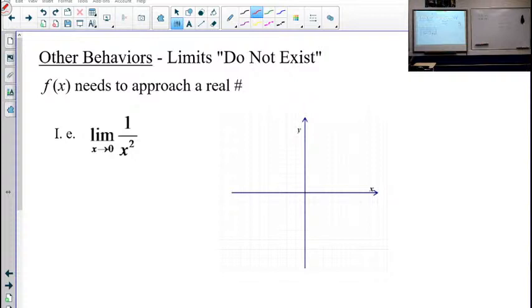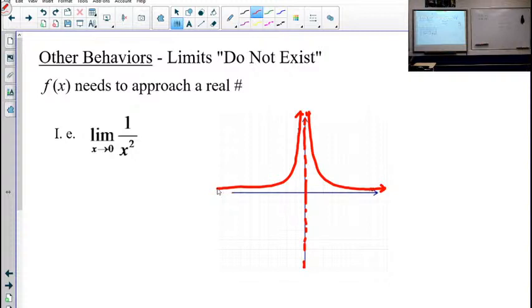So what this graph looks like, something like this. It's going to have some asymptotes, most notably, for our purposes, at 0. When I say it increases or decreases without bound, this is what I mean.